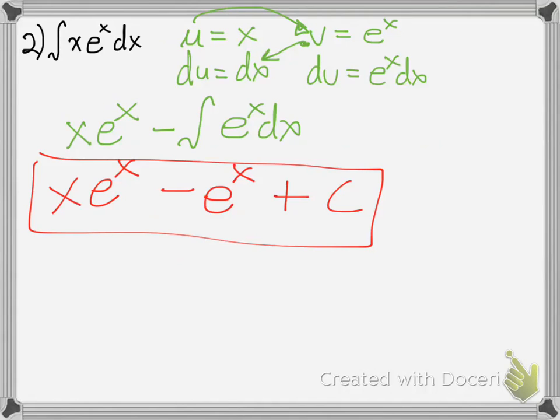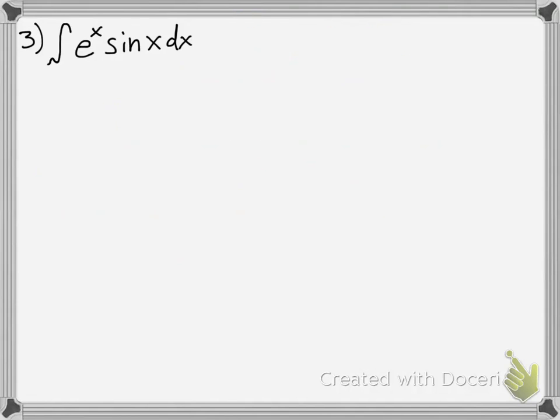Alright, last one is, well, I guess it's just an interesting problem. It seems like it'd be repetitive and go on forever, but let's just see where things go here. So let's do, again, ultraviolet voodoo integration.